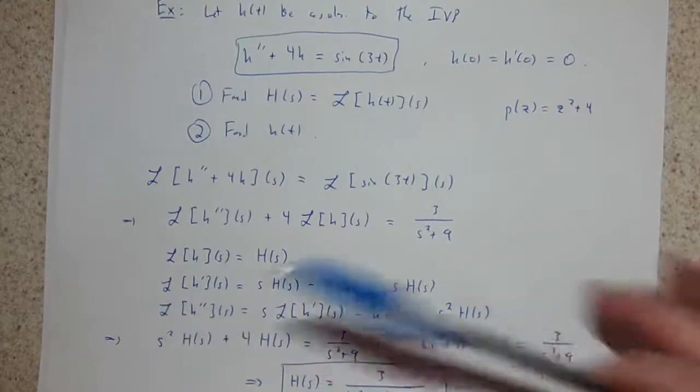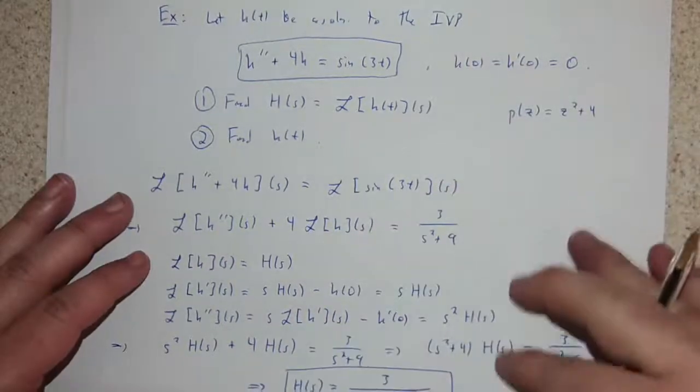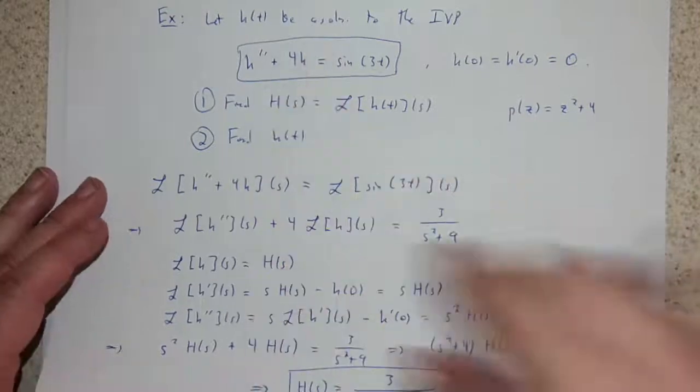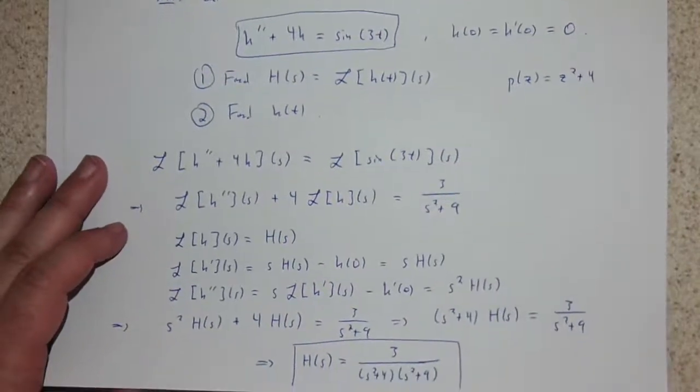Well, notice I didn't have to do any of that for Laplace transform stuff, right? I did not involve myself in finding directly the particular solution nor the homogeneous solution. I actually just proceeded like this, right? I just ignored all that stuff, and I just proceeded in this methodical way of using Laplace transforms.